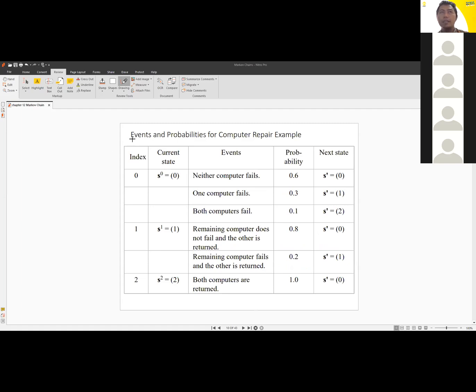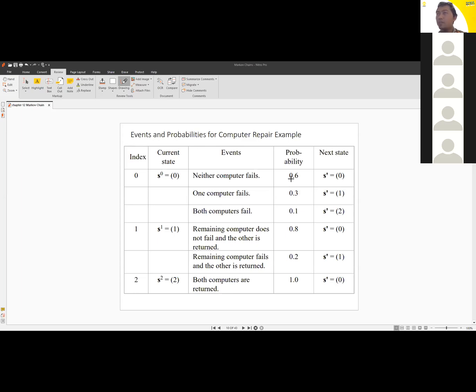This is the event and probabilities for computer repair. Index 0, the current state 0: neither computer fails, and the probability is 0.6.